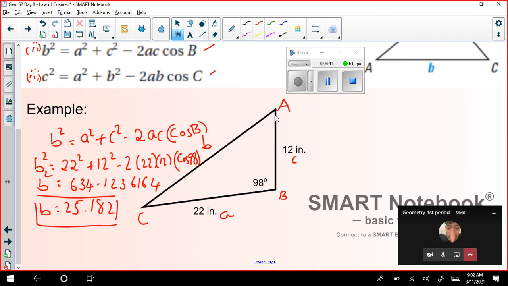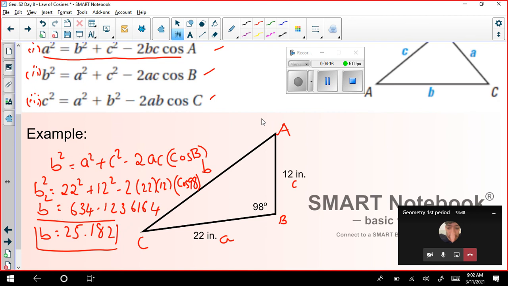Let me find angle A. To find angle A, the first formula itself I can use: a square equals b square plus c square minus 2bc times cos A. Substitute what all we have and just leave this capital A without filling anything.